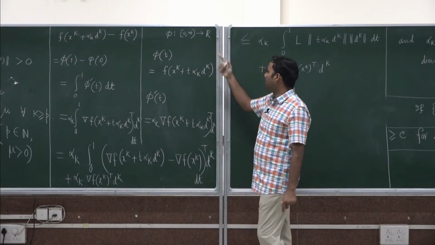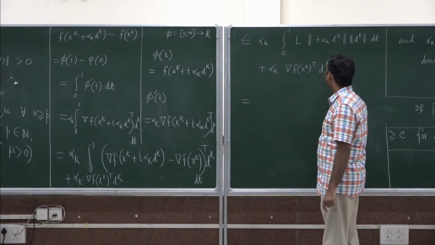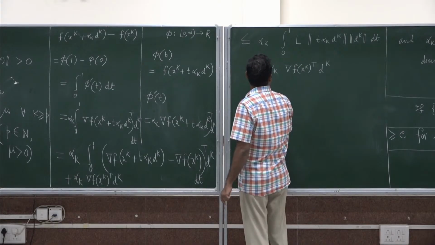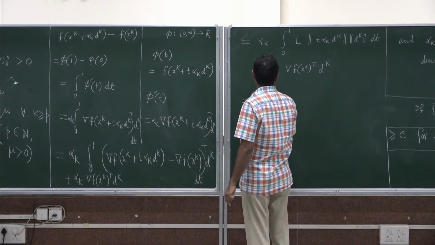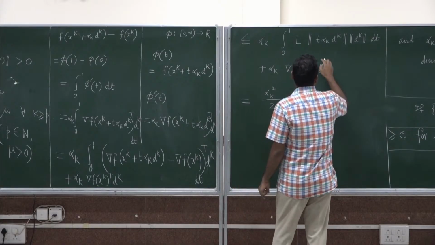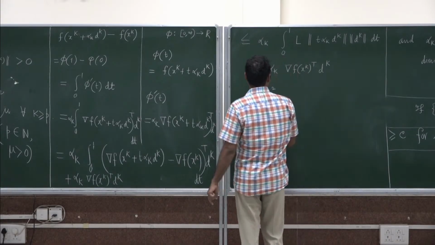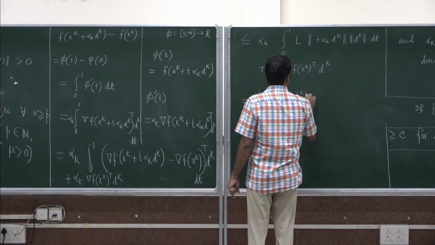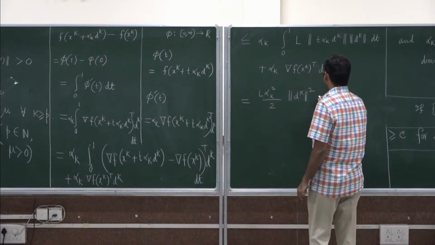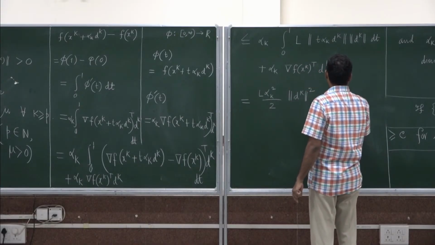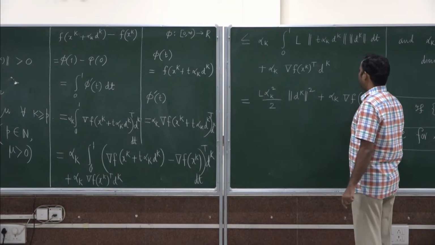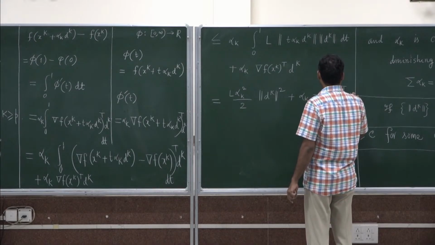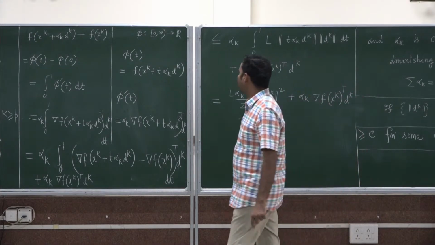So here t is greater than 0, and the modulus of t is simply t, so t square over 2 after integration, so alpha k square divided by 2 times L times norm dk square, plus alpha k gradient of f xk transpose dk, this term, right?